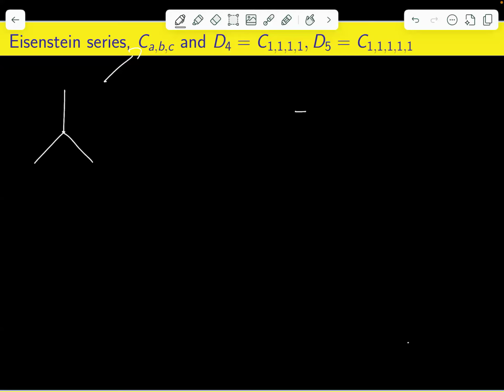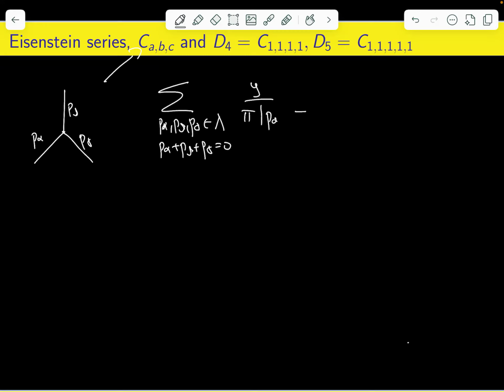You have three edges, so you have p alpha, p beta, p gamma, and one condition: the sum must be 0. So it's the sum over all p alpha, p beta, p gamma from the lattice such that their sum is 0, and here you write y cubed over pi cubed, times p alpha squared, p beta squared, p gamma squared. That's like C111.